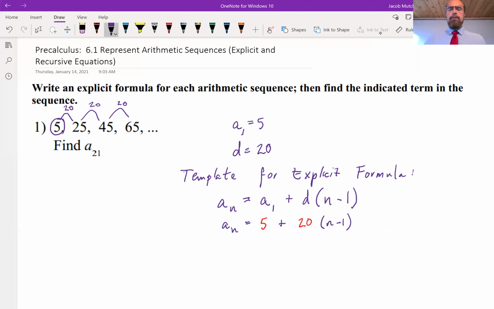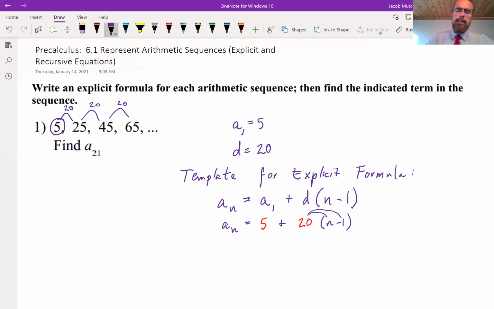One thing we can do, since this really is a linear function, is simplify this explicit formula to something that looks like slope-intercept form, y equals mx plus b. And we do that just by simplifying, by distributing, and combining like terms. So I do want to distribute the 20 through the n minus 1.